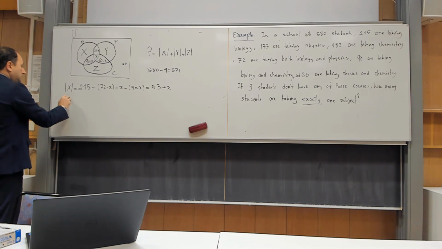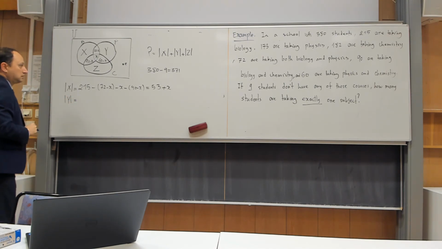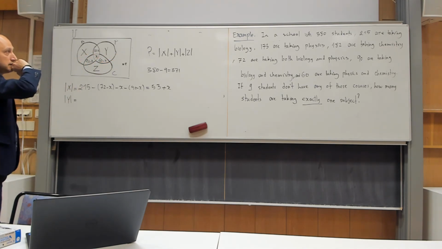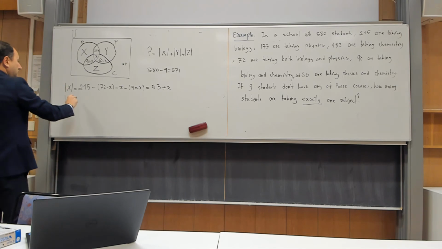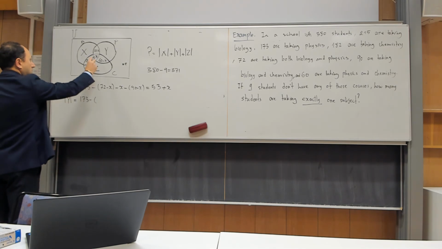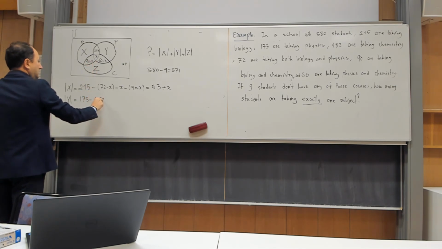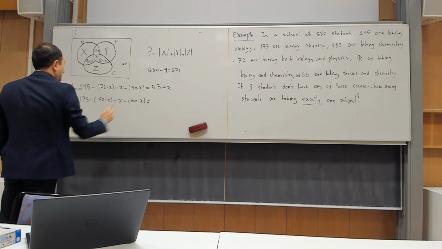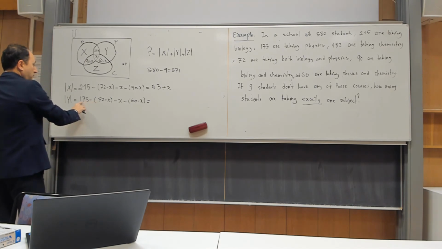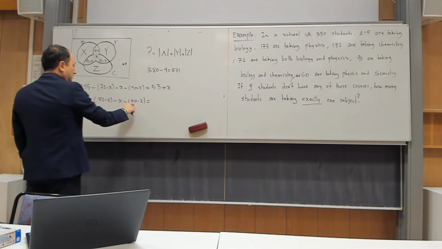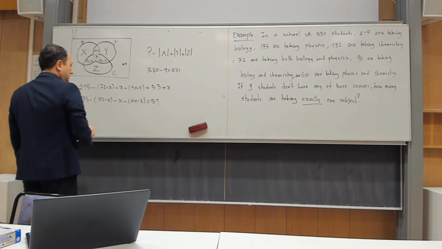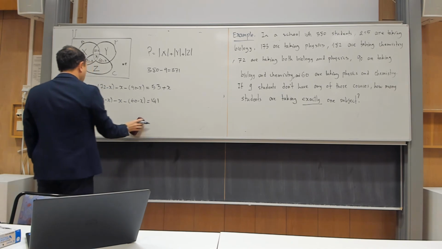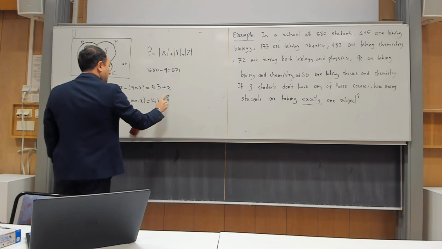What is the cardinality of Y? The cardinality of Y is the number of people studying physics, which is 173 minus (72 minus x) minus (60 minus x). So if I calculate this, it becomes 41. Yes, and then x and x are gone, and again plus x.